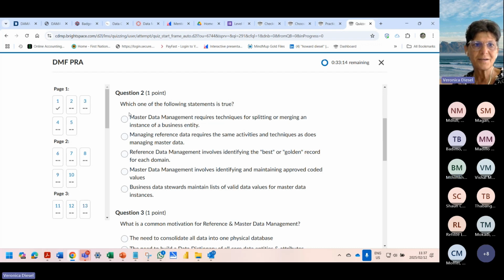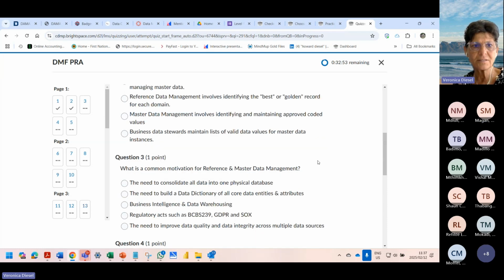I think it is. Master data management requires techniques for splitting or merging an instance of a business entity. Reference data and master data are not the same activities. Reference data doesn't involve identifying the best or golden. Master data approved coded values, that would be reference data, and that's also nonsense.